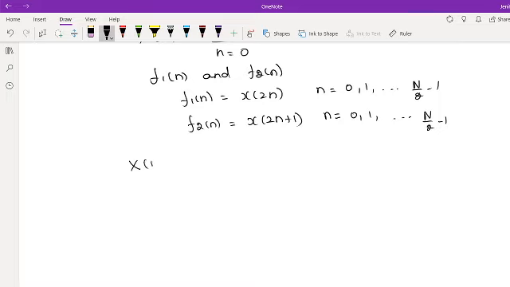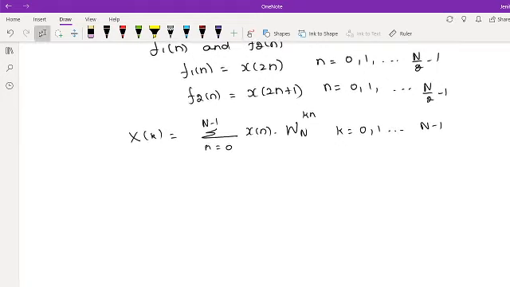So x of k is equal to summation n equals 0 to N minus 1 of x of n into W N power kn, for k equal to 0, 1 up to N minus 1. I am going to divide this N-point DFT into two N by 2 point DFTs.